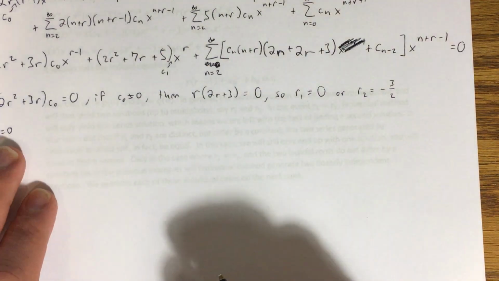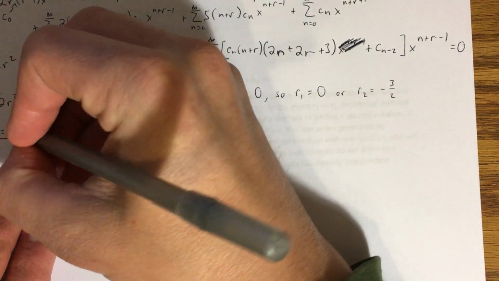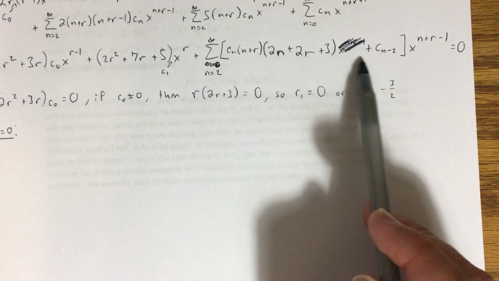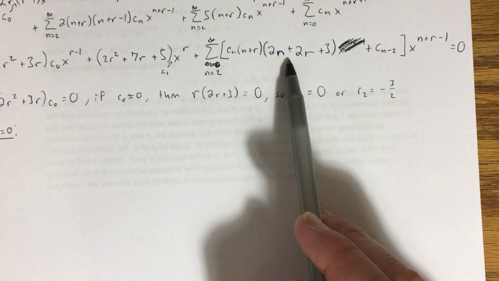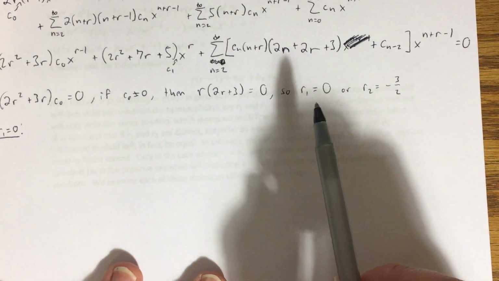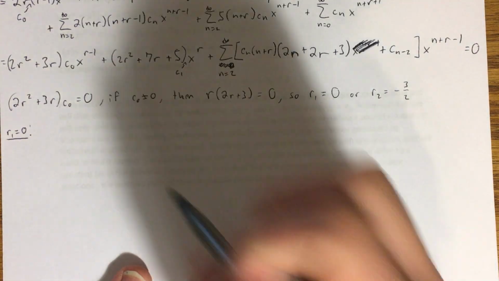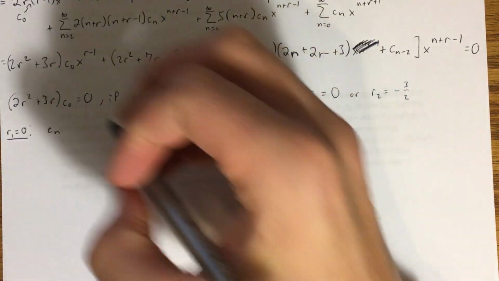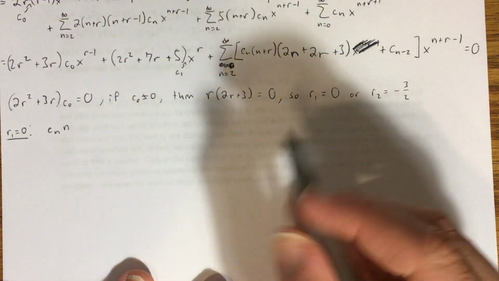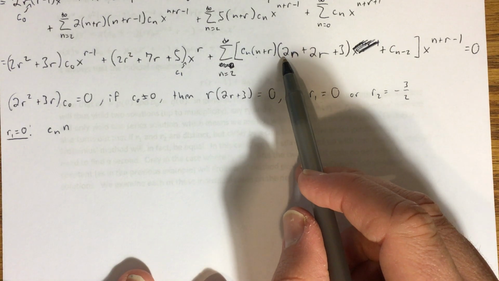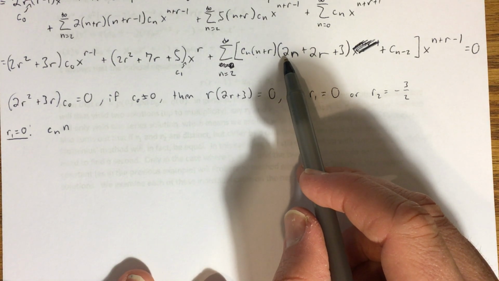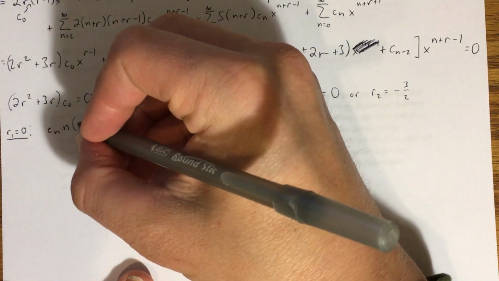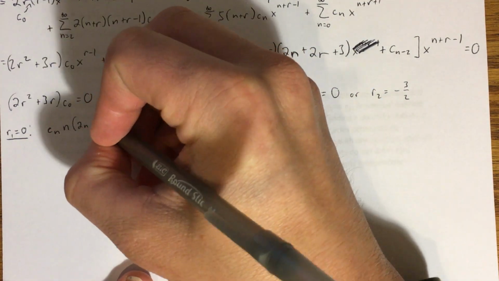If r1 equals 0, then I can plug that 0 in for the r's that are appearing here and use that to find my recurrence relation. So if I plug in 0 for r, this becomes Cn times n times 2n plus 0 plus 3, so that's 2n plus 3.